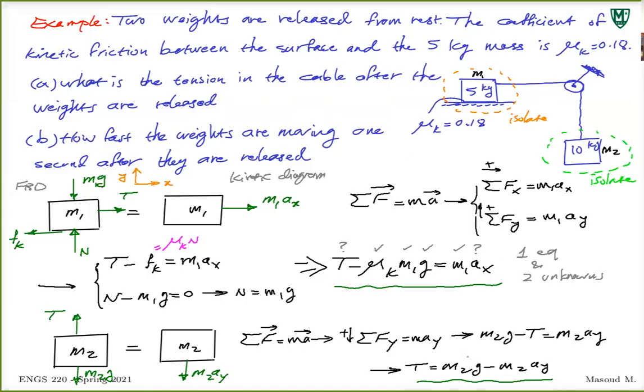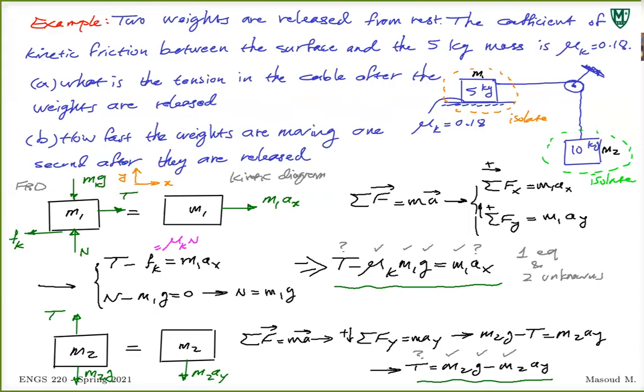Now, I know what M2 is. Well, I know what g is. M2, I know what it is. Do I know AY? Well, I don't know T either, but T is the same unknown. How about AY? Do I have any information about AY? Or is it going to be another unknown? Because if it's another unknown, I'm going to get, again, one equation with 2 unknowns.